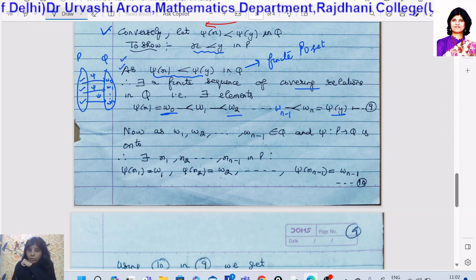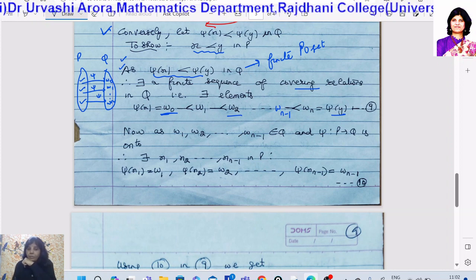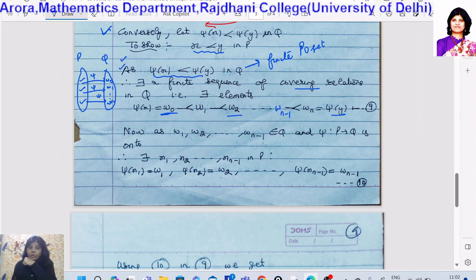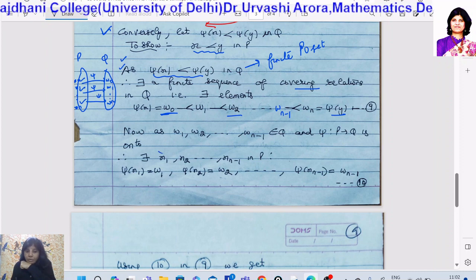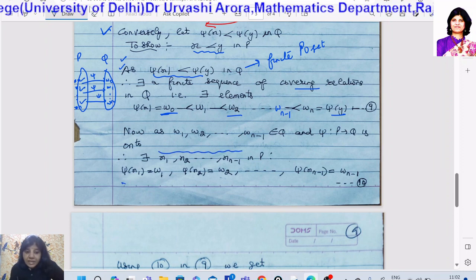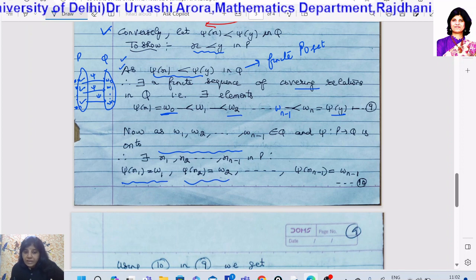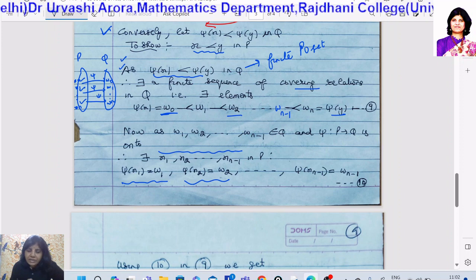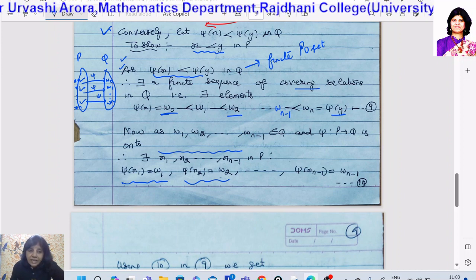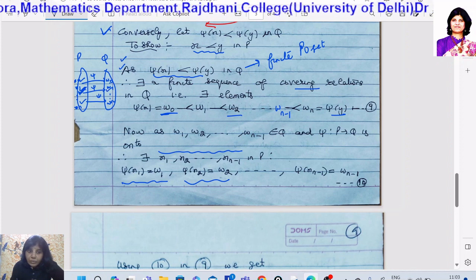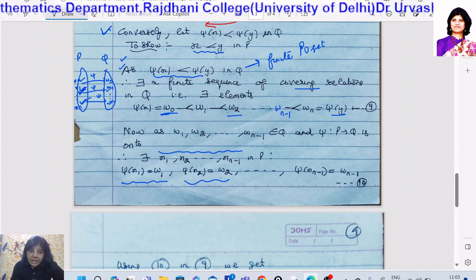So you should be able to find x1, x2, and so on till xn minus 1 in P, such that psi x naught is equal to W naught, psi x1 is equal to W1, and so on till psi xn is equal to Wn.